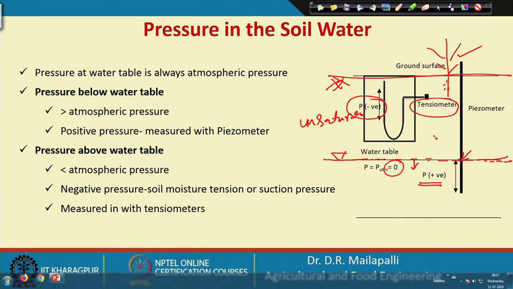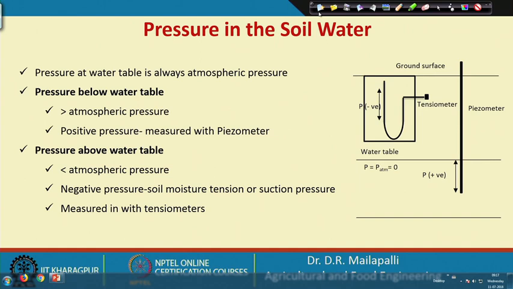So the pressure at the water table is always atmospheric pressure, and the pressure below the water table is more than atmospheric, a positive pressure.